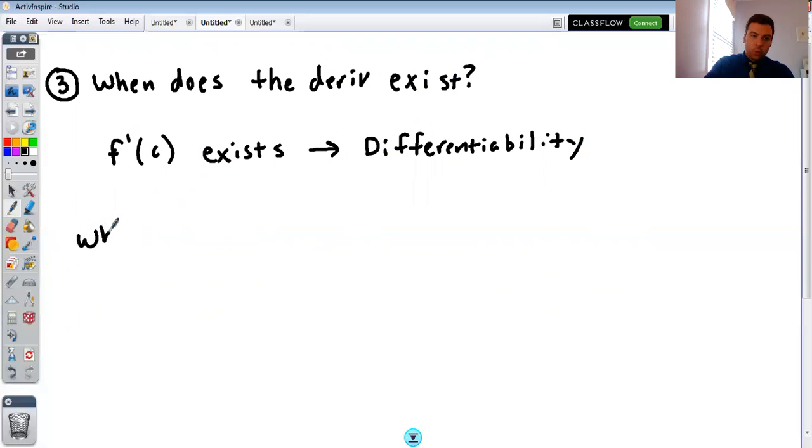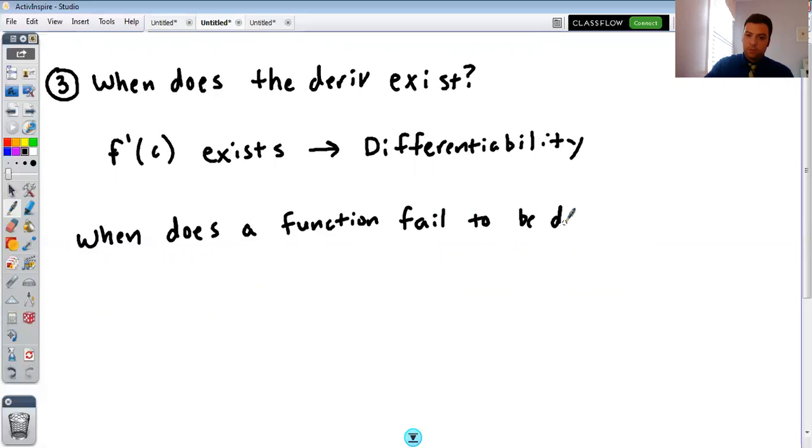So what we want to remember is, when does a function fail to be differentiable? And there are three cases. There's three times where this is going to happen that you need to know. The first would be at sharp points, corners and cusps.